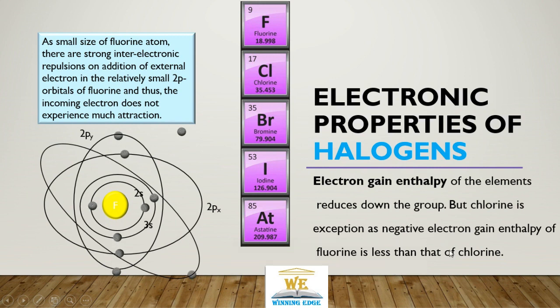But that problem is not there in chlorine. In chlorine, the space is larger and the electron has to go to the 3p orbital, which is spatially large in size compared to 2p. That is the reason electron gain enthalpy of chlorine is better than fluorine.